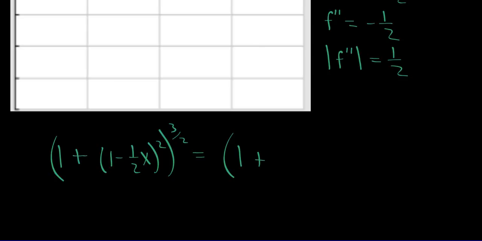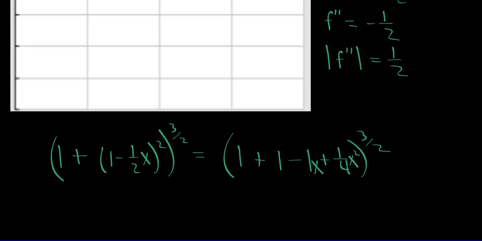Now, if you look at this, this is going to be 1 plus, if I square that out, that's going to be 1 minus... Did I get that right? I squared the first, 2 times the product, and this is an x, isn't it? So 2 times the product, and this is x squared.